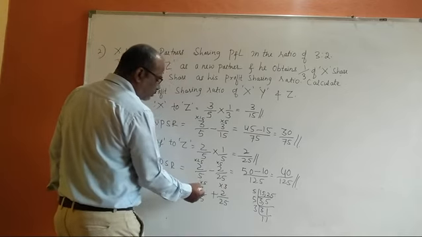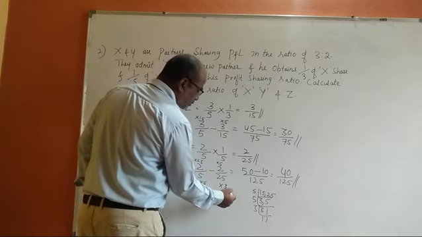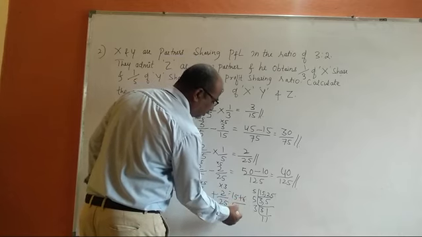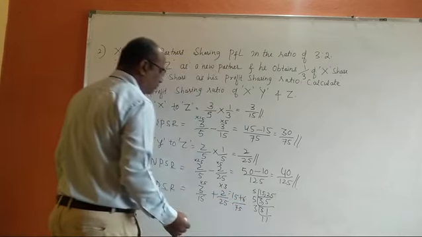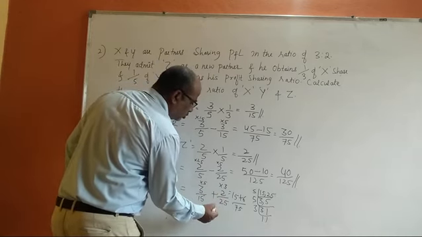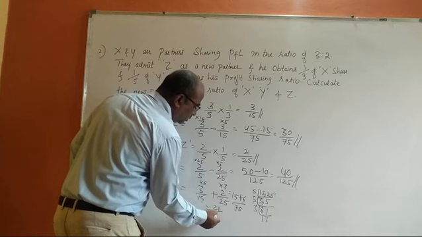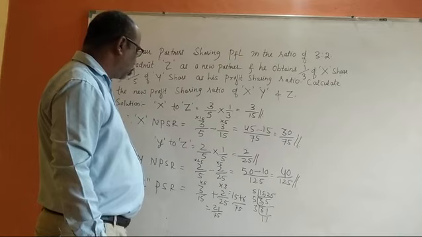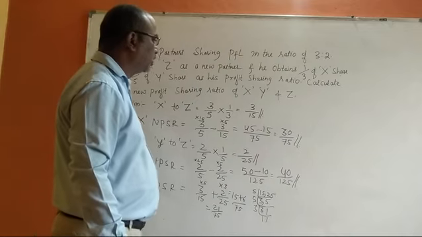So 5 threes are 15, 15 plus 6, 6/75, equal to 21/75. So this is the new profit sharing ratio of Z.